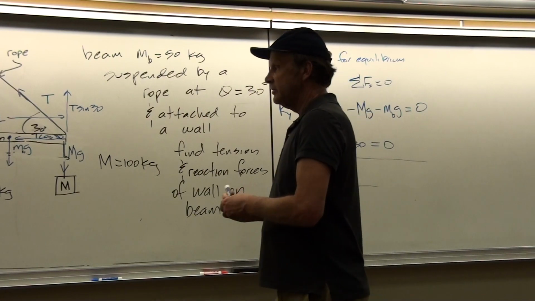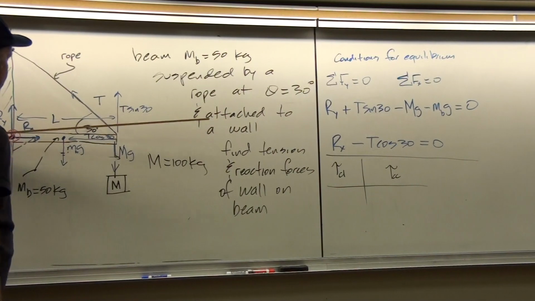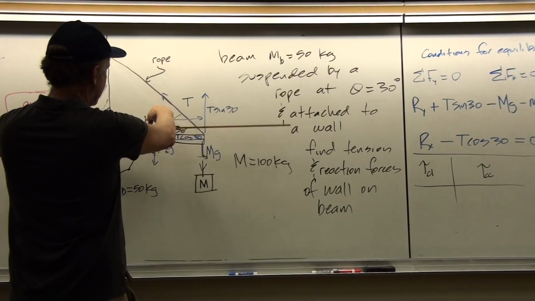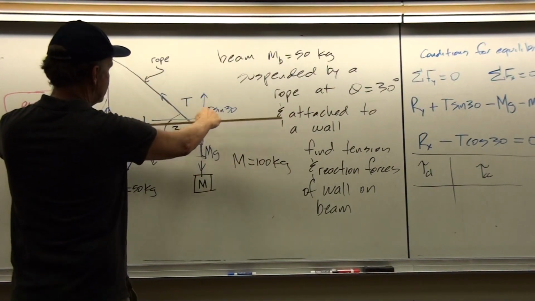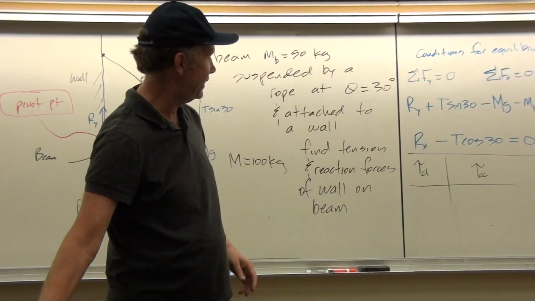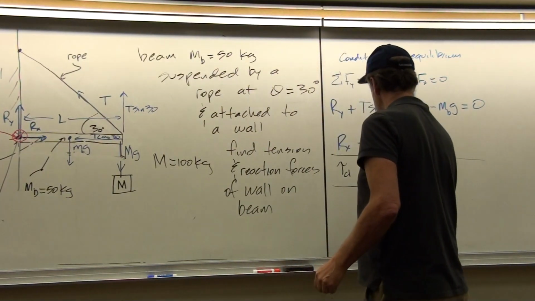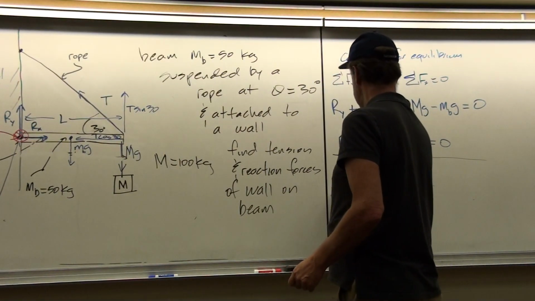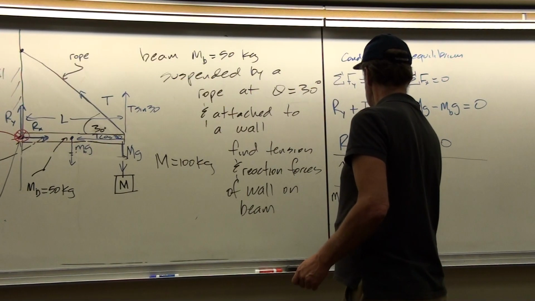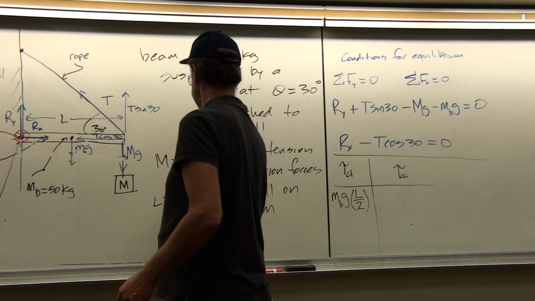And so once again, you can use your pencil to support something that might look like the beam from the edge like this. And so now I can apply little mg and big mg to the beam. That's going to make the system rotate clockwise about that chosen pivot point. So I'll put that in my torque clockwise column as mass of the beam times g times L over 2, where L will eventually be 10 meters, if we need to.